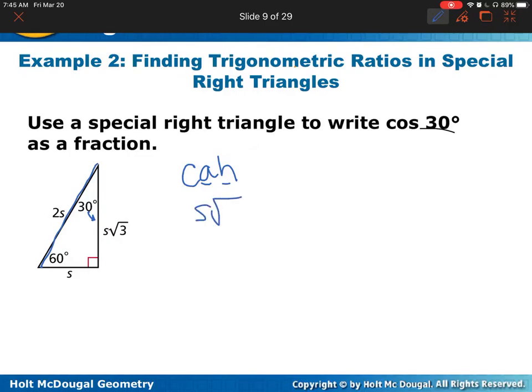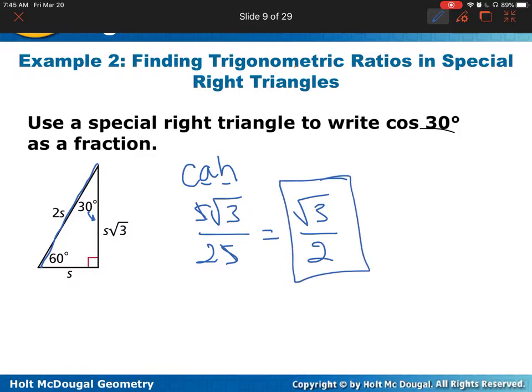So s times the square root of 3 over 2s, and we can cancel that out, and we're left with the square root of 3 over 2 as our answer. In these cases, don't try and simplify it any more than that. We want to leave it with the radical sign.